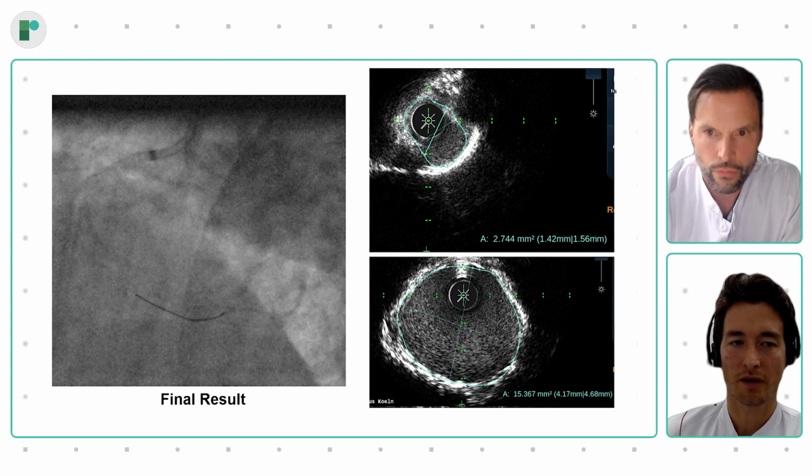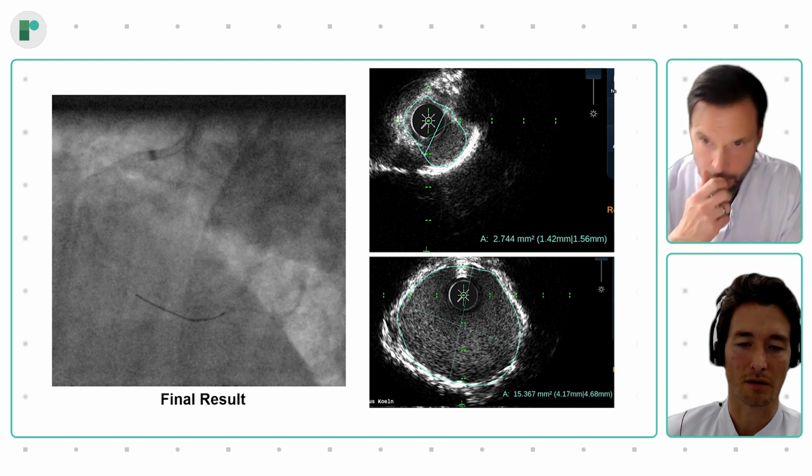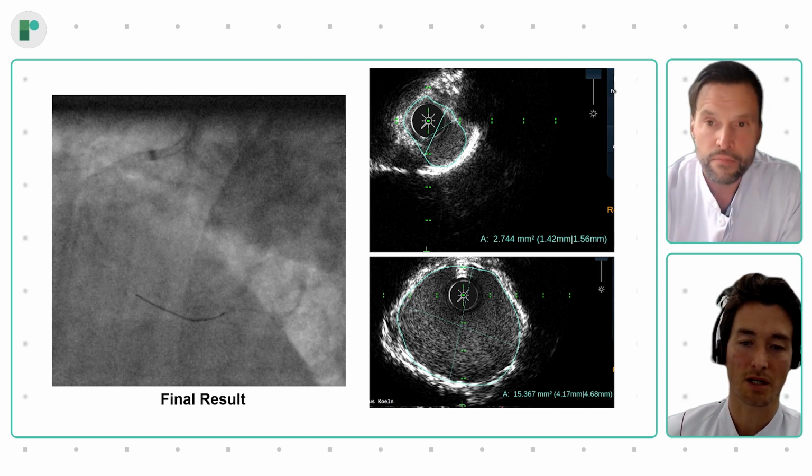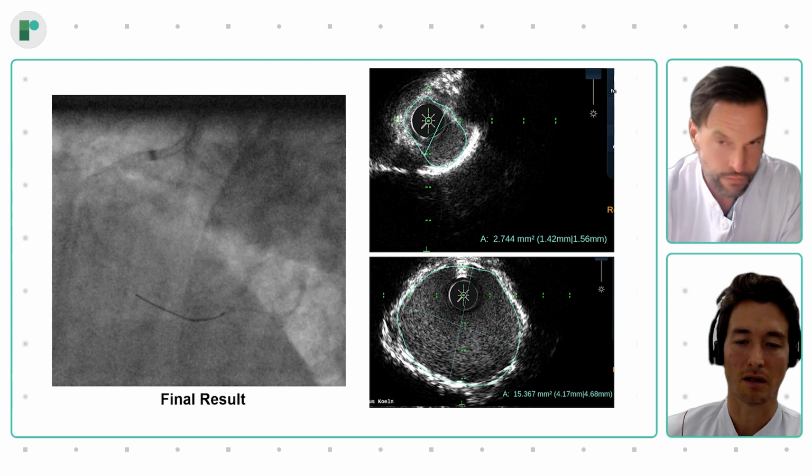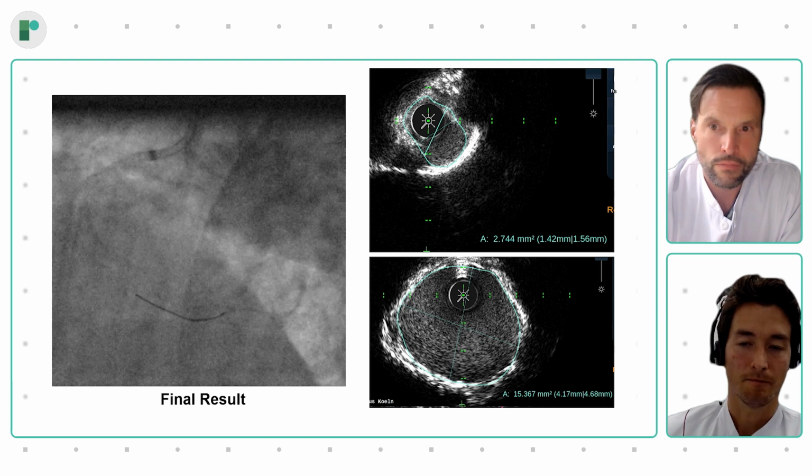You have an almost perfect angiography result, but at the end of the day, you might be faced with a significant malapposition. So really make sure to check your results not only by angiography but also by HD IVUS.